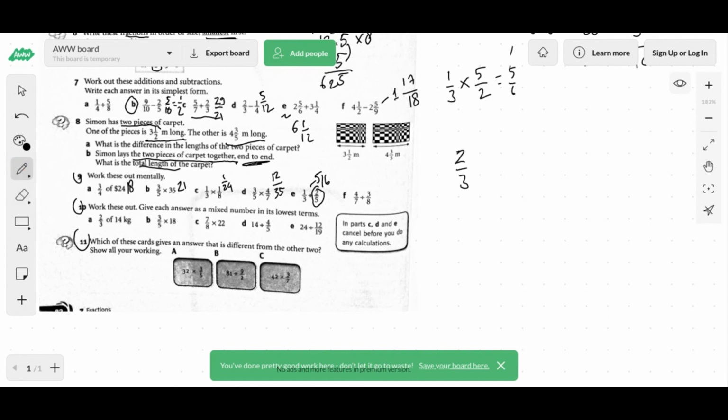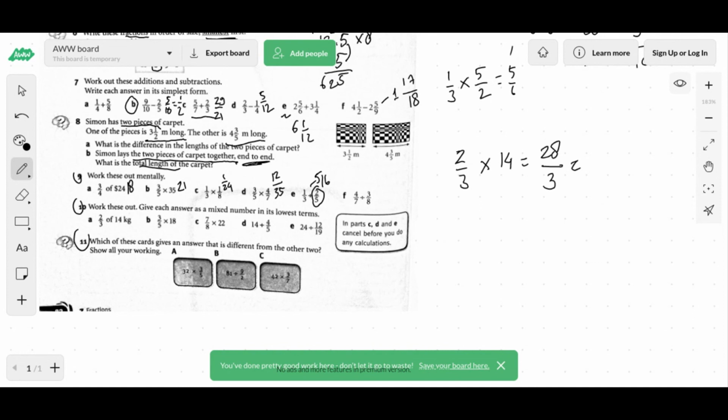2 over 3 of. Remember what of is? Times 14. What will you have? We get 28 divided by 3. So you cannot cancel this one, right? 14 and 3.